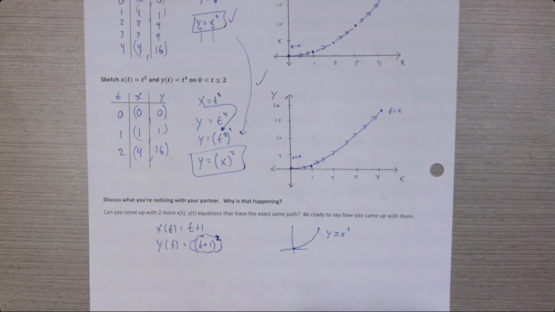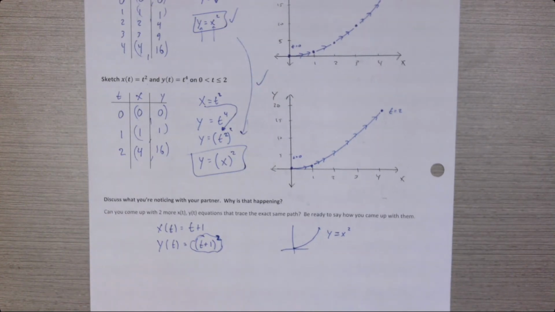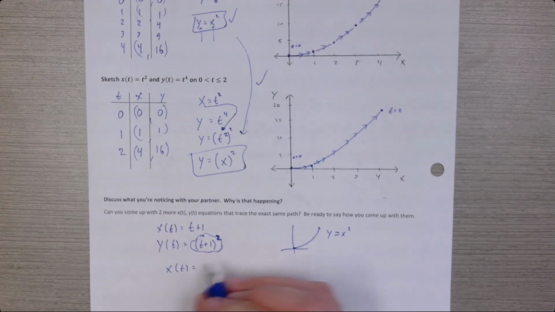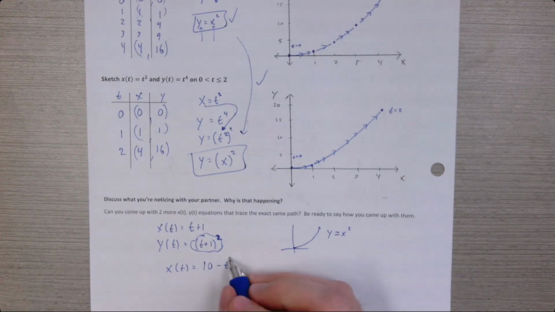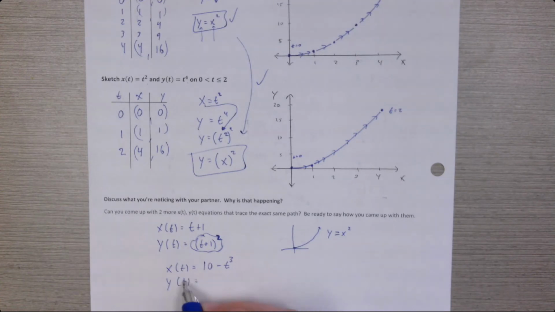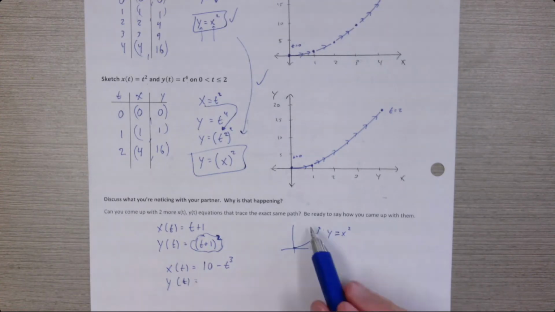So this lets you generate as many different parameterizations as you want. What if x of t equals, like, 10 minus t cubed? What would y of t have to be to make that same y equals x squared?